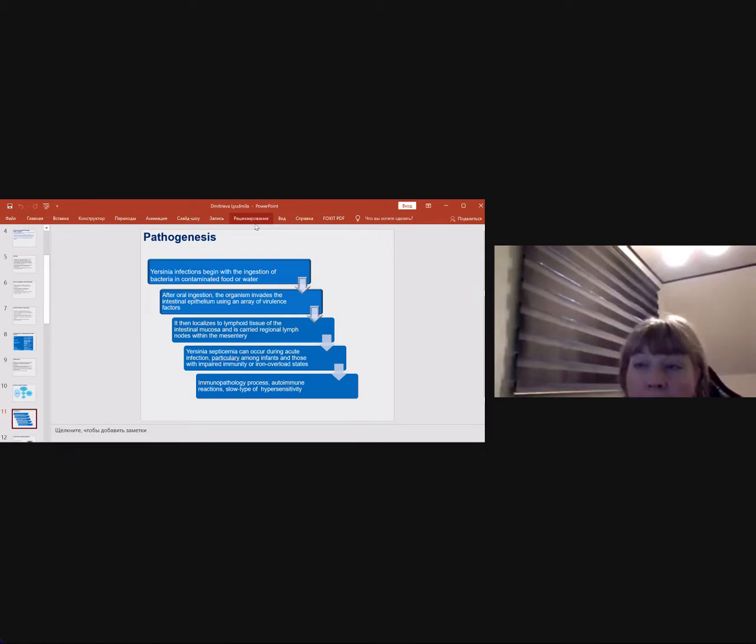And it may be if Yersinia antigens look like tissue antigens of our organism, yes? And if B27 antigen is present in the microorganism, this patient may have an immunopathology process, this patient may have the secondary focal form of yersiniosis.